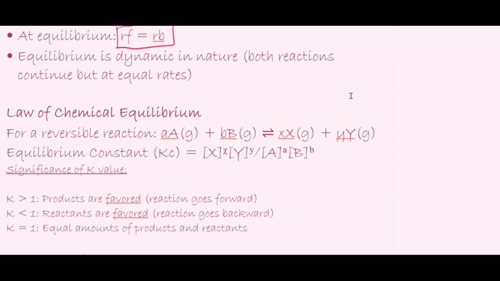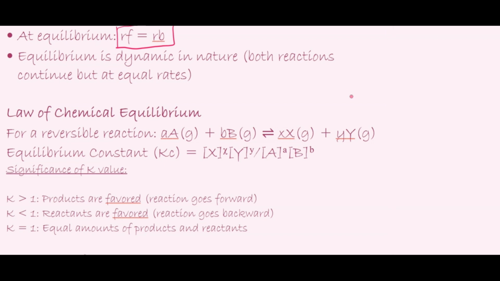It tells us, if a reaction is maintaining an equilibrium, how we can find whether it is going forward or backward. For that we have a constant value, that is Kc, in terms of concentration. Kc means in terms of concentration.